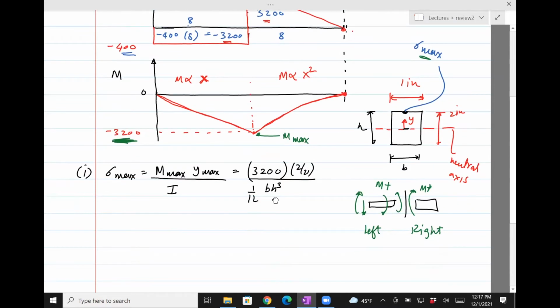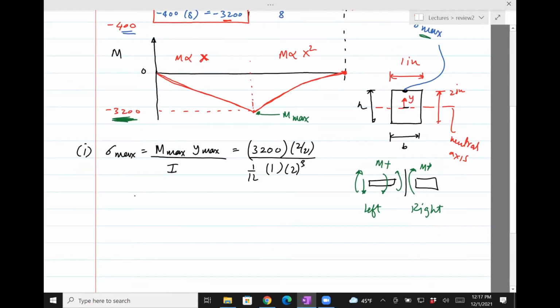Okay, so B is 1, H is 2. Sigma max is, we get 4,800 psi.